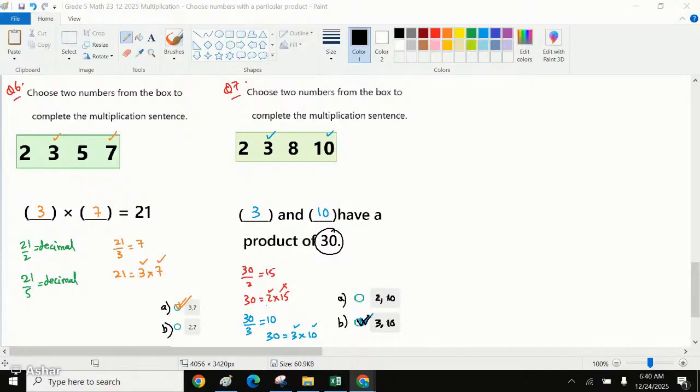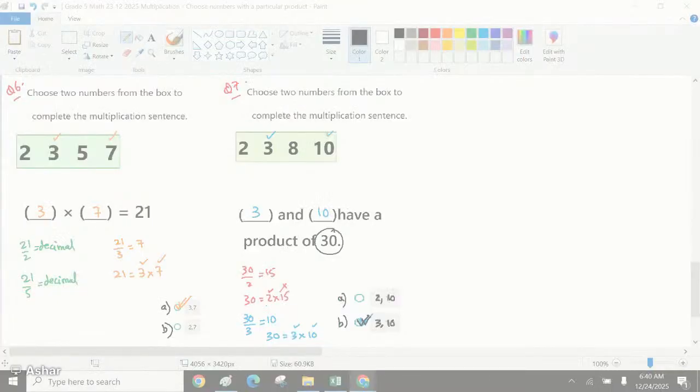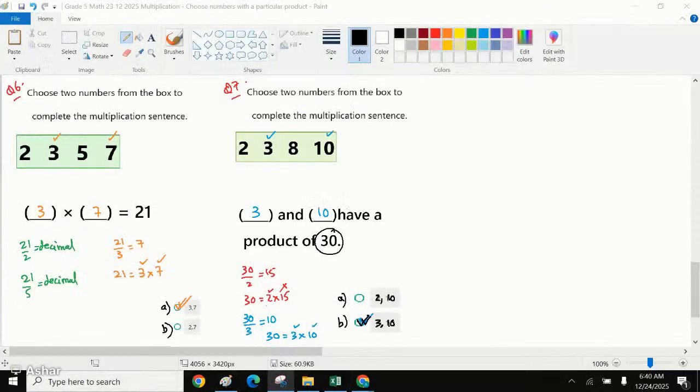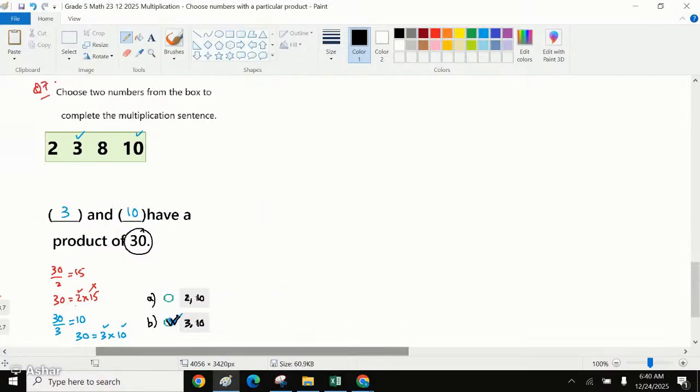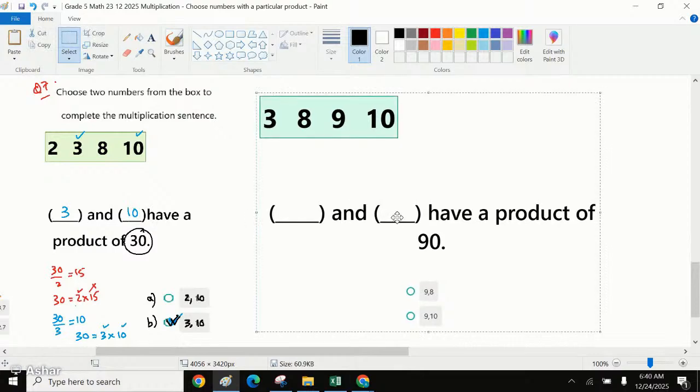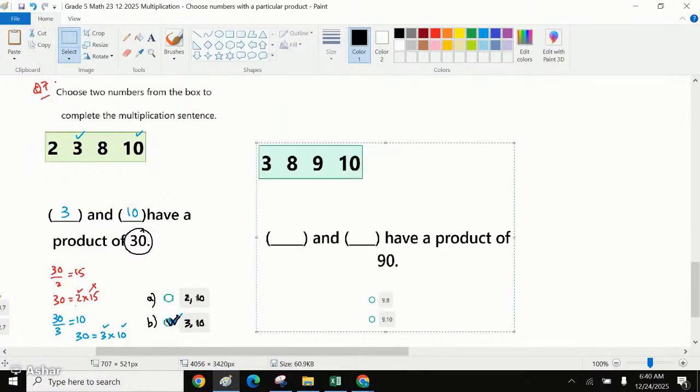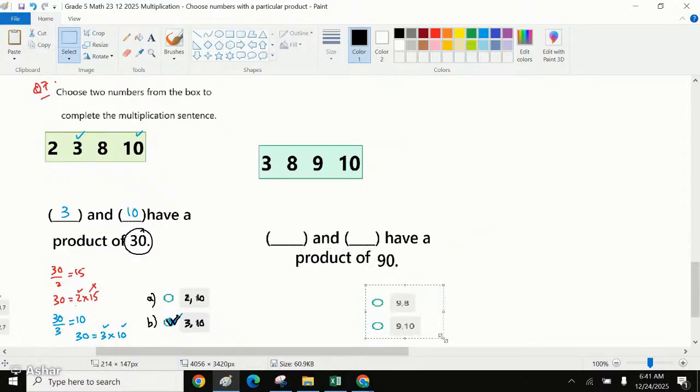So we would be left with just one question after this. This is question number 8, and there are a total of 9 questions for this topic. Let's copy this, let's paste this. Have a product of 90, and the 2 options are these.